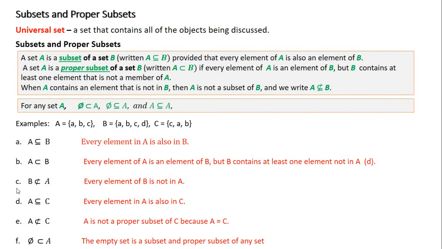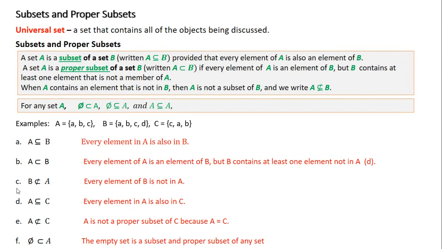Okay, that's the symbol for proper subset. So the way we read that is every element in A is an element of B, but B contains at least one element not in A. C, the way we read that is B is not a proper subset of A. So that means that every element of B is not in A. D. A is a subset of C, so every element in A is also in C. E. That's the not.